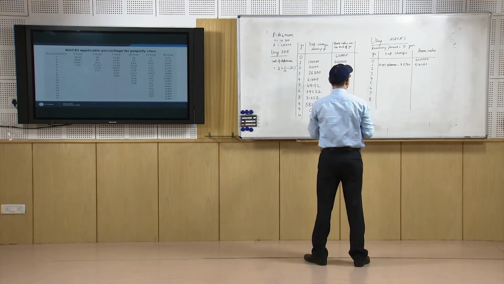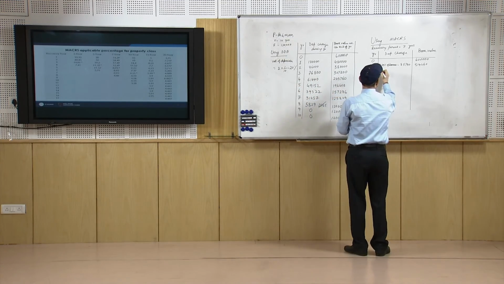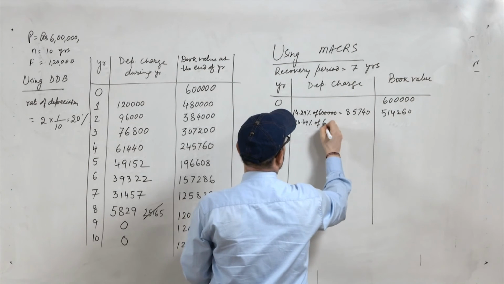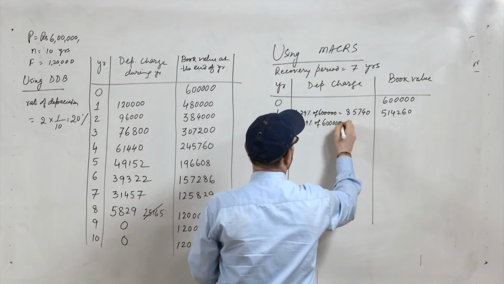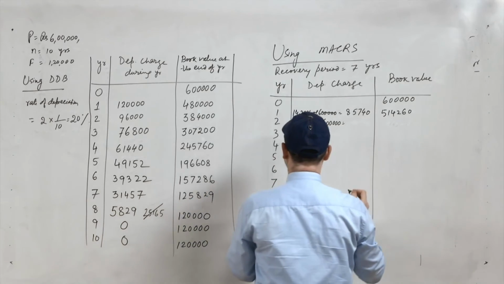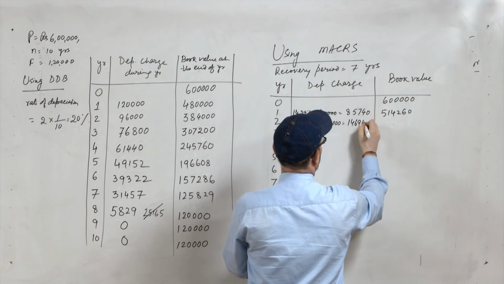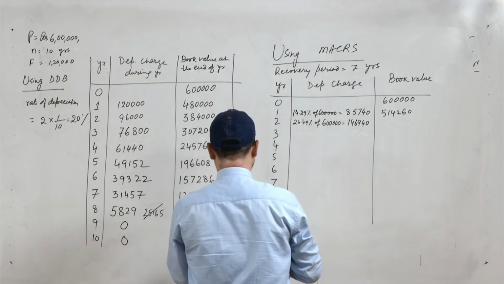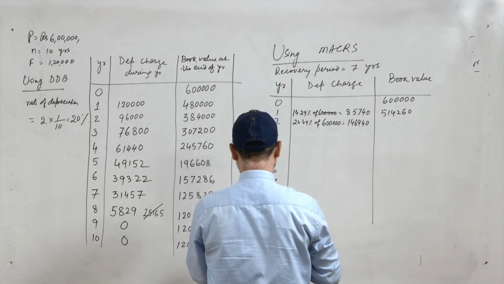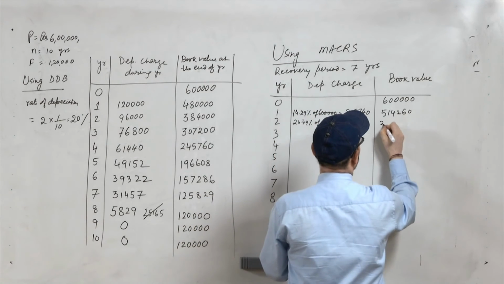Then in the second year it is 24.49% of 6 lakh. So, it will be 146,940. So, once subtracted from 514,260, it comes out to be 367,320.